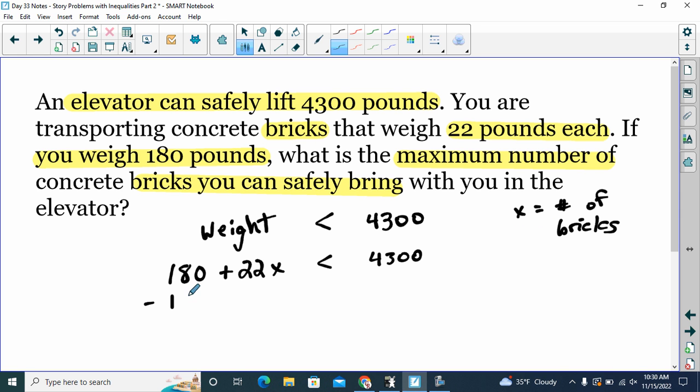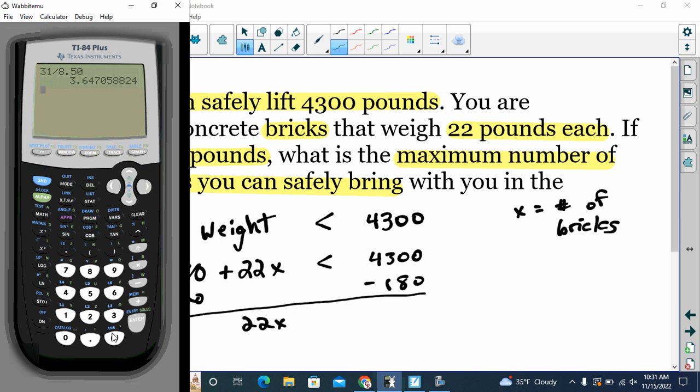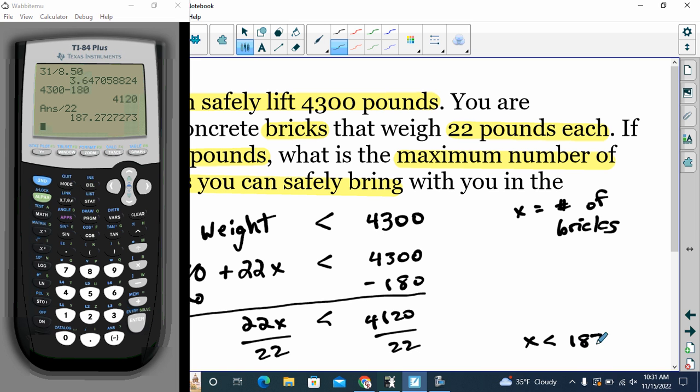We can solve our inequality. Subtract 180 from both sides. Gives us 4120. Divide both sides by 22. Gives us X is less than 187.27.